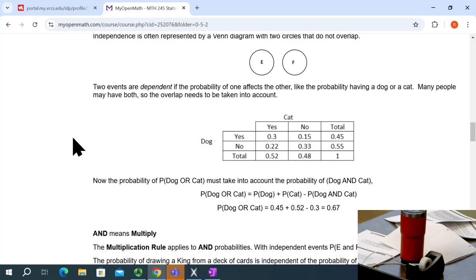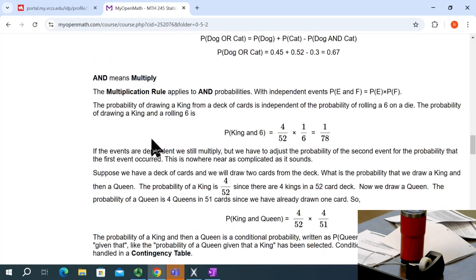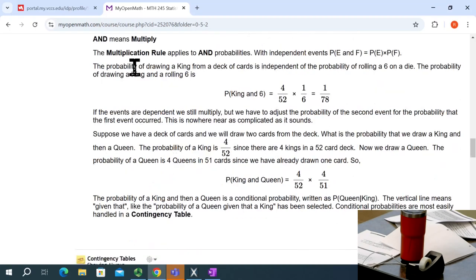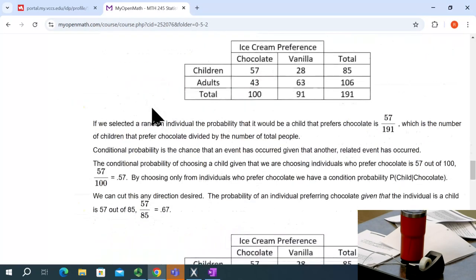And when they do the Venn diagrams, they show an overlap. That's what we've got to remove. This is multiplication. And means multiply. And we're back to contingency tables. If you can get it into a contingency table, you've got it made.